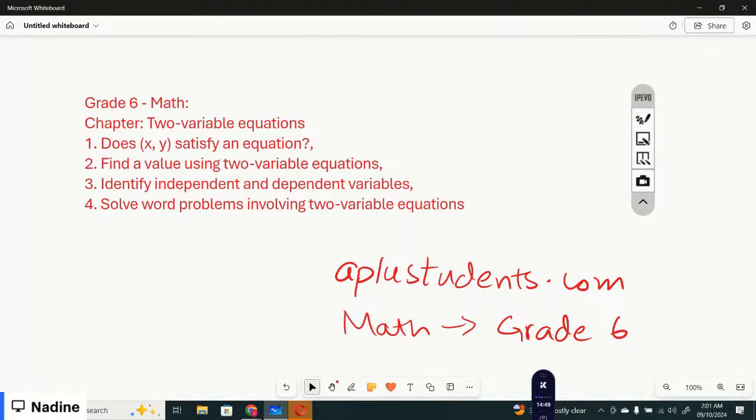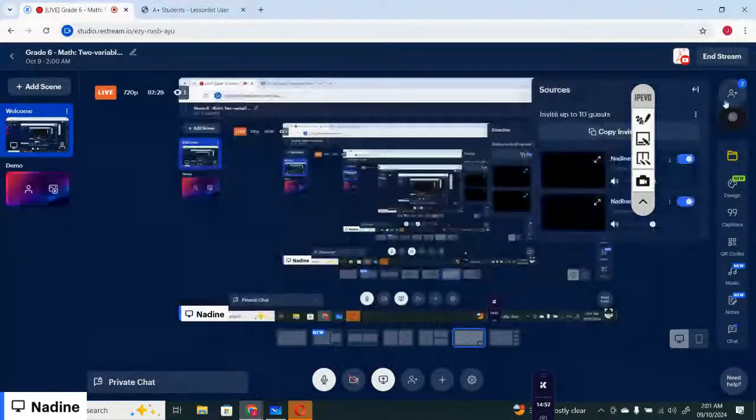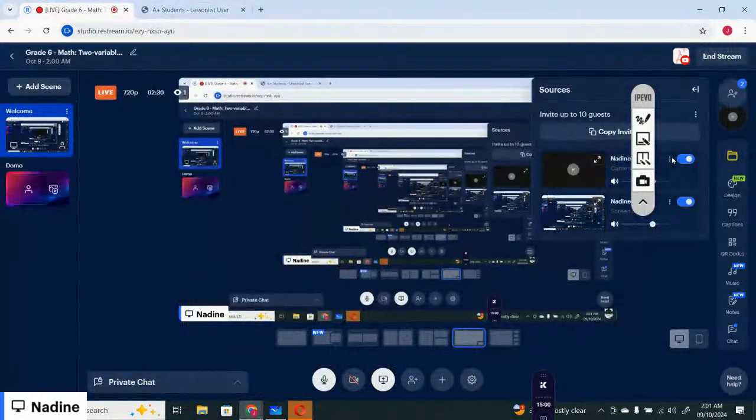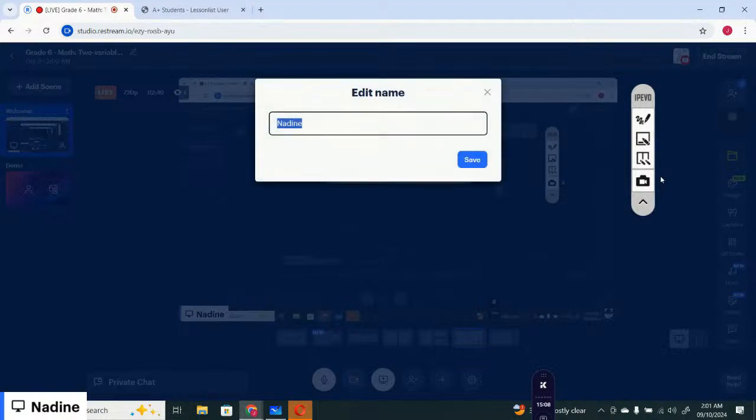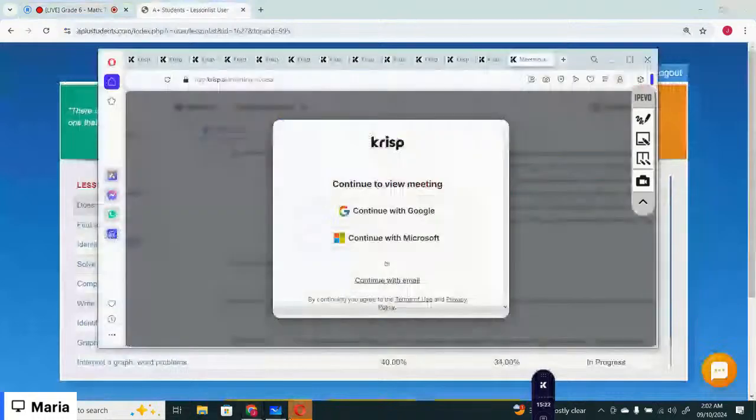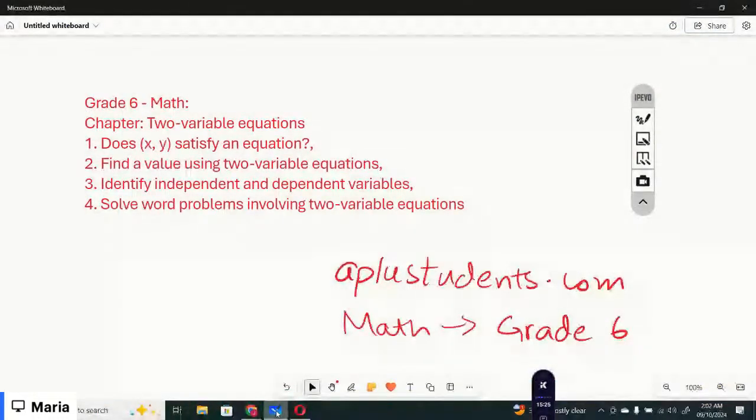We're going to start with chapter 2, two variable equations, and the lessons we're going to cover today are: does xy satisfy an equation?